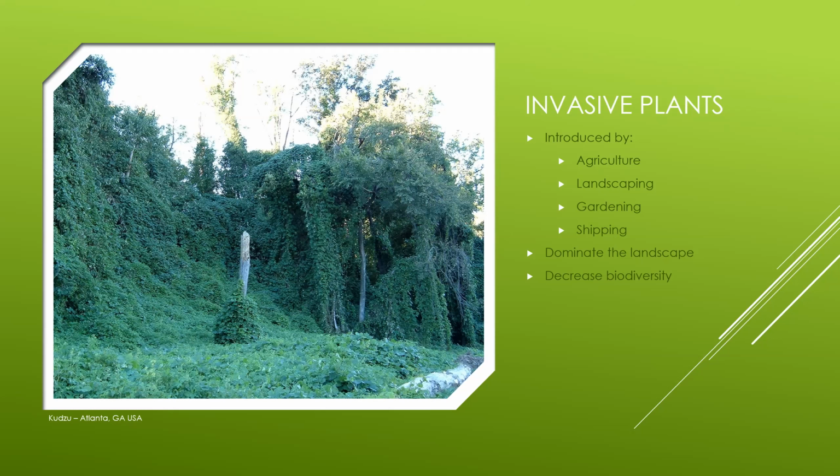And plants get introduced into an area in several ways. We bring in plants for agriculture and they can escape cultivation and start creeping into the landscape. A lot of the invasive plants that we have to deal with as rangers, people bring in as ornamentals in landscaping or gardening, and they get completely out of control.